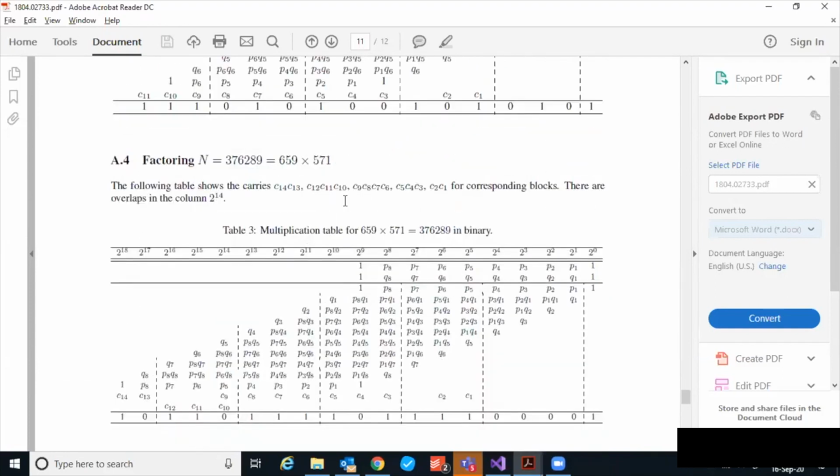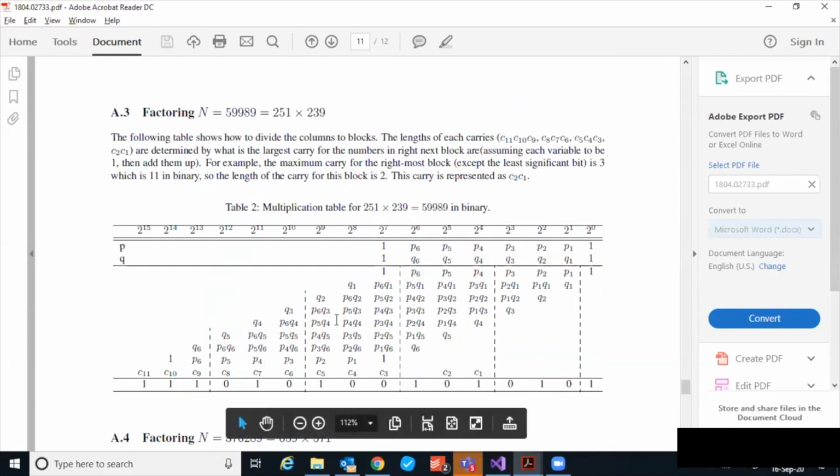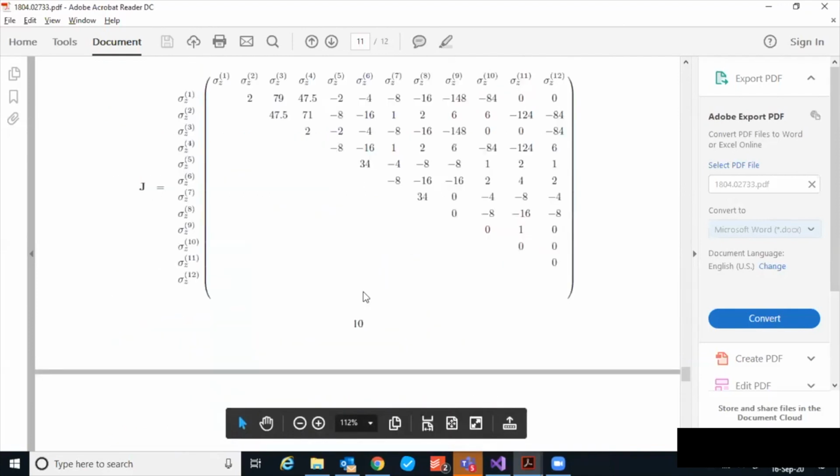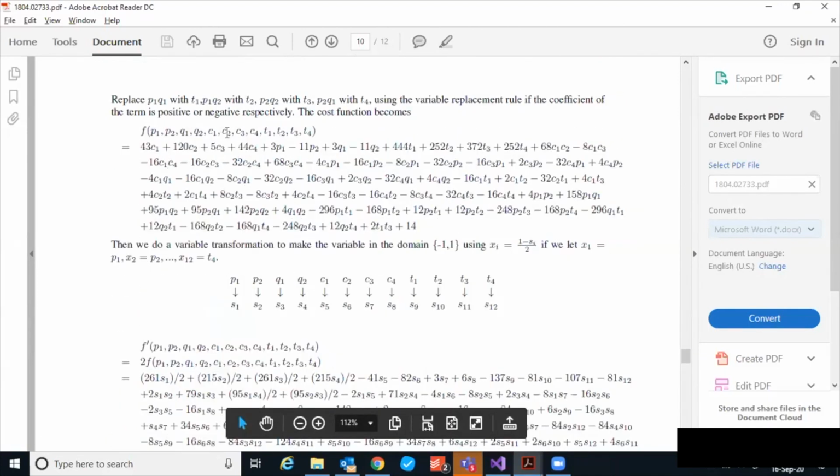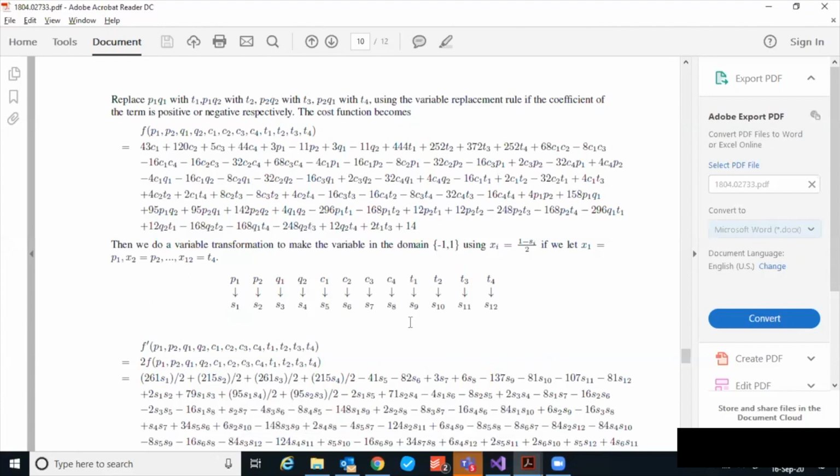There are more papers out there which try to simplify or optimize this problem, to reduce some of these terms so that our computation is faster. That is what we are looking into now.